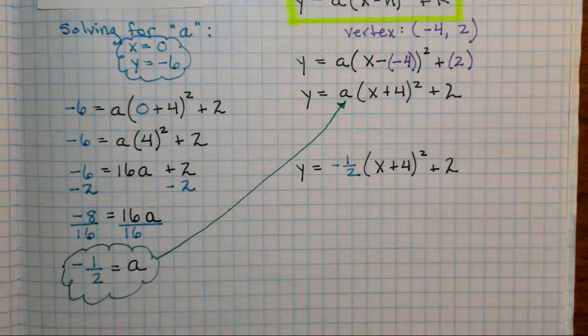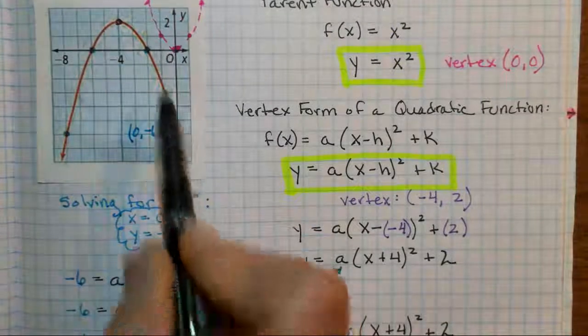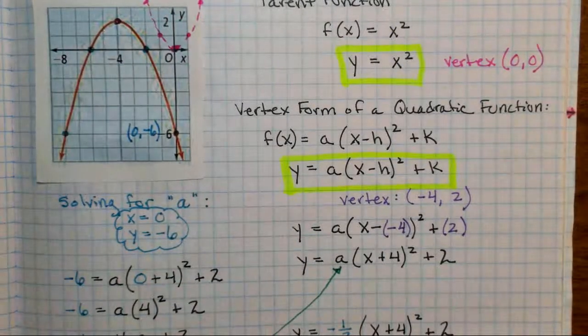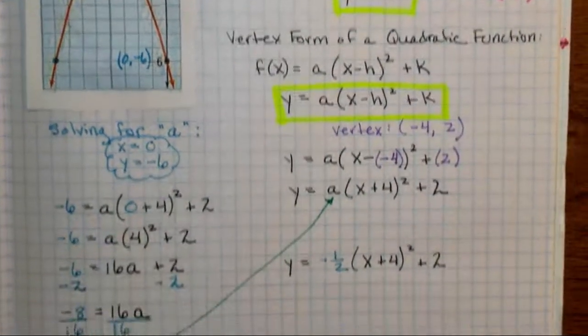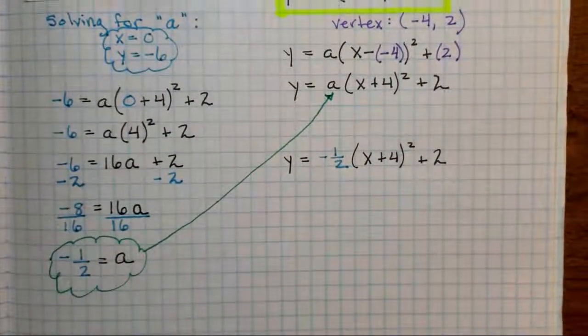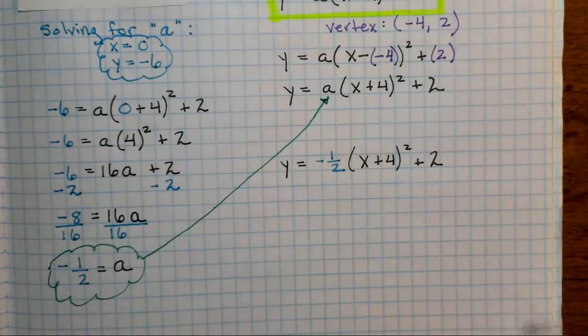So I've just written the equation of this parabola in vertex form. Okay, so what I want to do though is now I want to take this and I want to write it in standard form. So how would we do that?